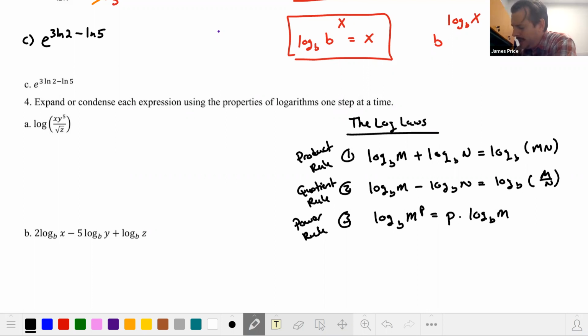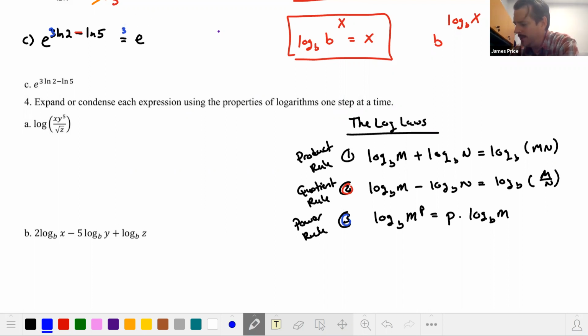All right, so let's come back up here and look at this. Notice, here you have times 3, and you also have a minus. So what we can do is use rule 2 and rule 3 and combine these logarithms. But we're going to do it one step at a time. So this will be equal to e to the, and we'll use rule 3 first, right?